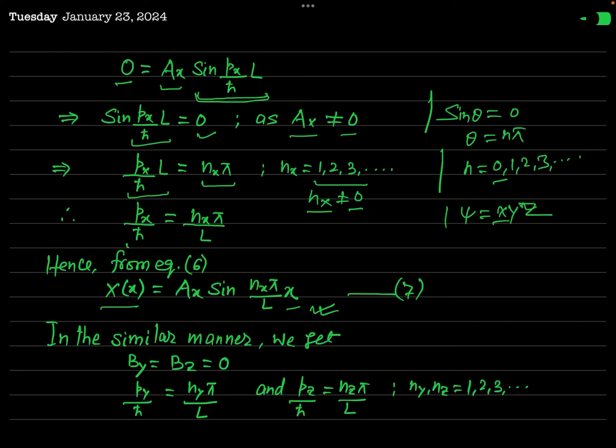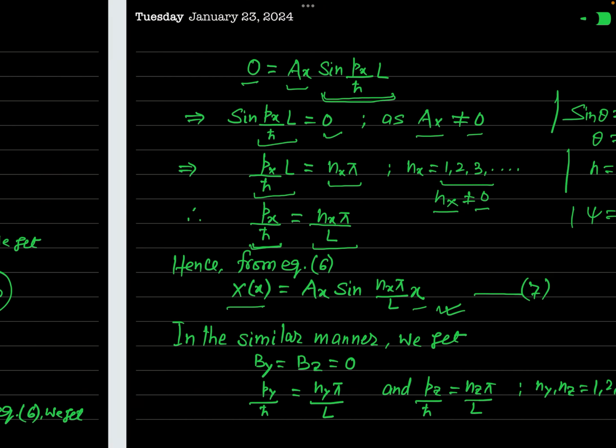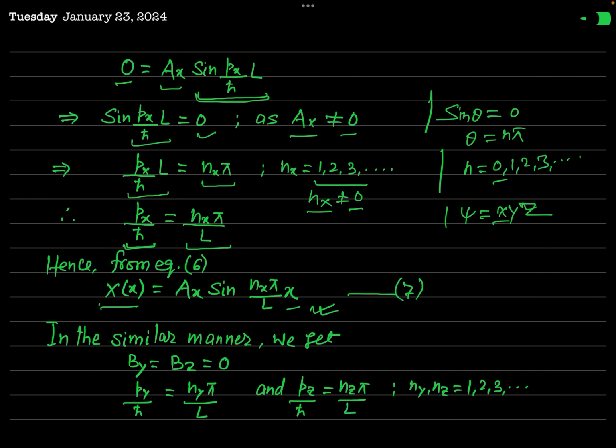And so you can say that Px over h bar will be equal to nx pi over L. Now let us substitute this value of Px over h bar in equation 6, and then you will get the function capital X. So capital X is equal to Ax times sine(nx pi x over L).